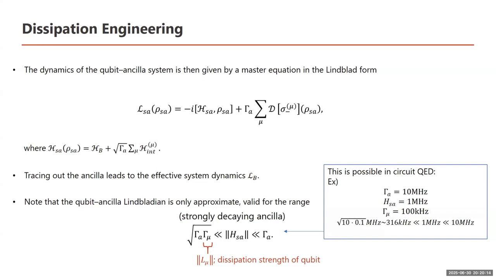Even with this condition, it is possible in circuit QED. For example, we can set gamma_A as 10 megahertz, H_SA as 1 megahertz, and gamma_mu as 100 kilohertz, and we can see that this condition is satisfied here.